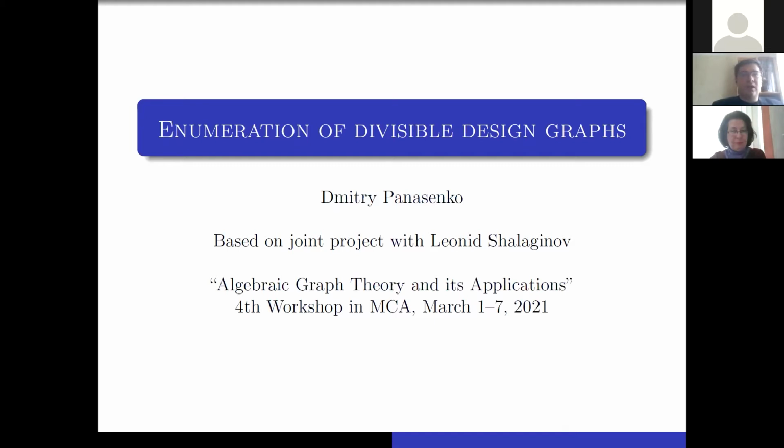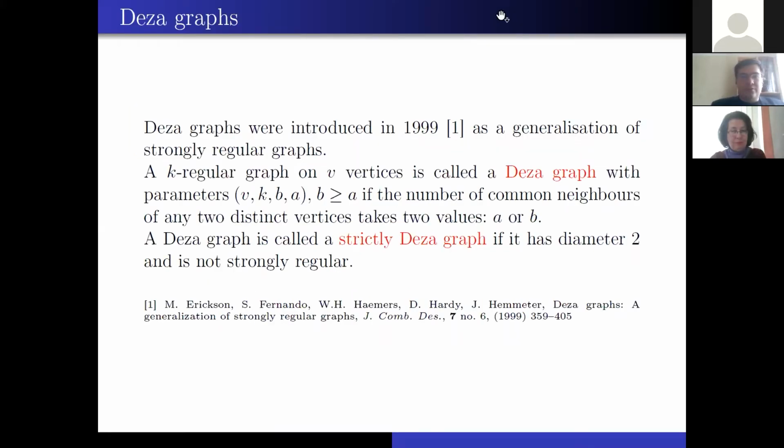And now I will remind you of some definitions that you already heard today, but they will be useful in the next minutes. Okay, so DD graphs were introduced in 1999 as a generalization of strongly regular graphs.